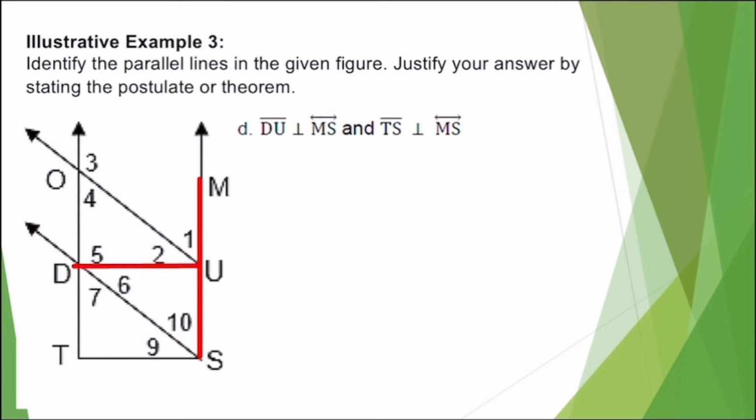Next, if line segment DU is perpendicular to line segment MS and line segment TS is perpendicular to line MS, the parallel lines here are line segment DU and line segment TS.